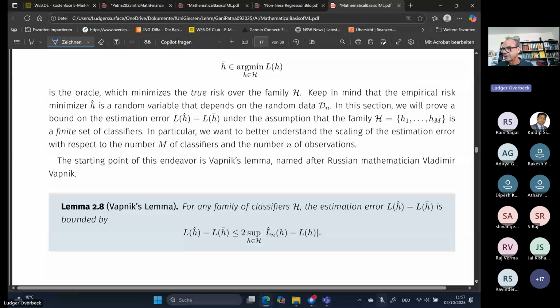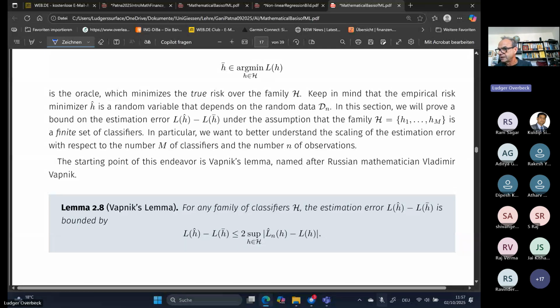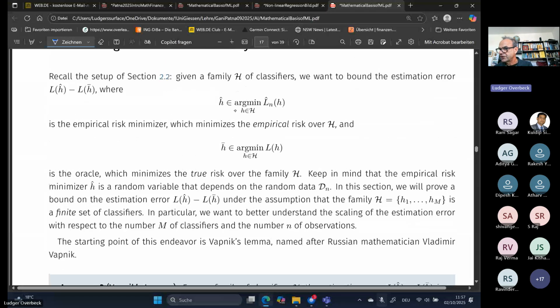So the true error minus... again, H bar is our oracle, and H check is our best empirical in H, and that's the best theoretical, put it like this.